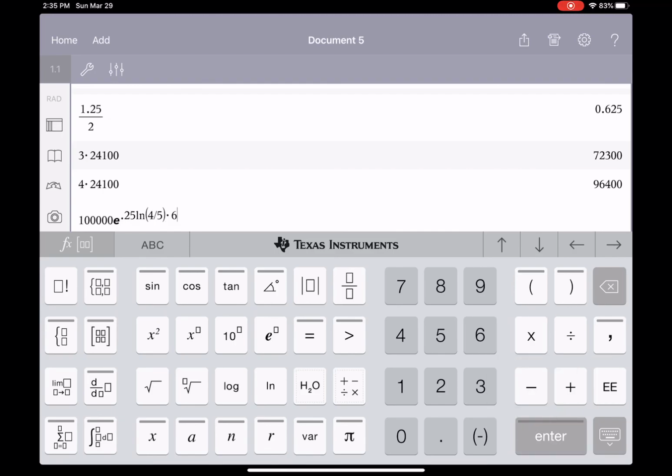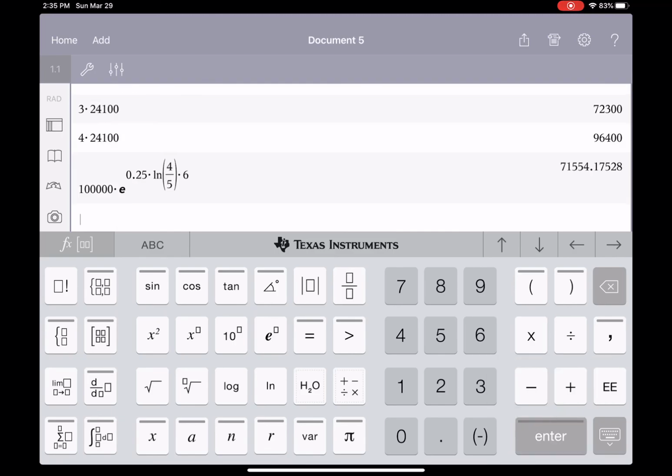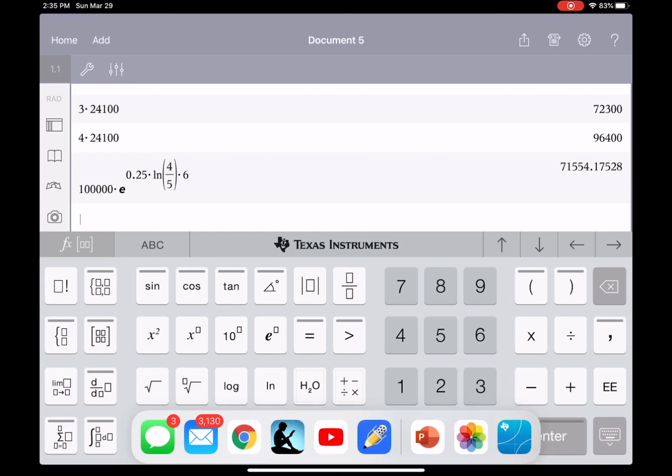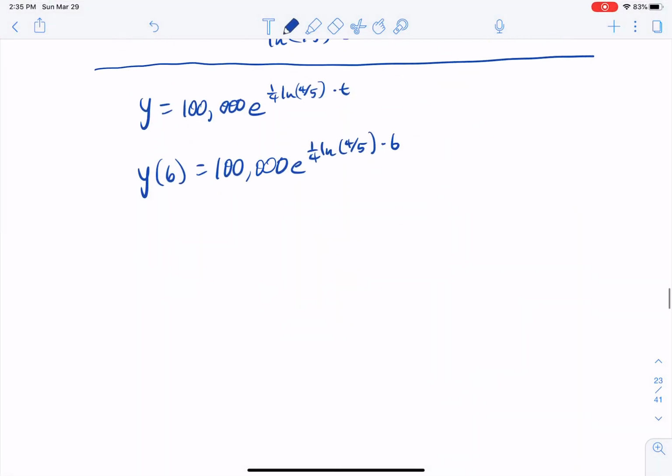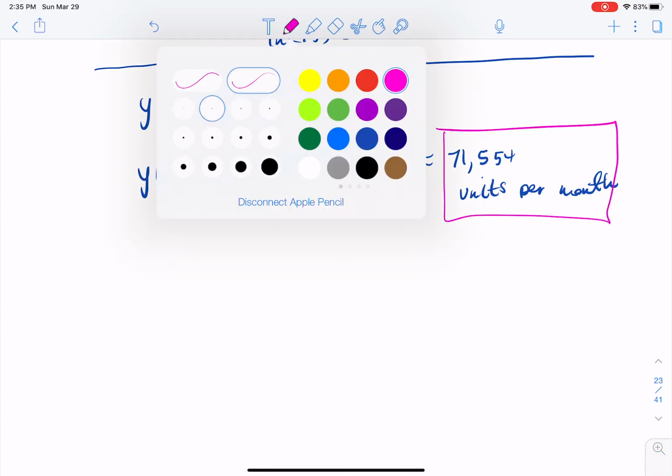And let's approximate that one, and we get 71,554. You can ignore the rest of the little decimal points, because we're talking about numbers of units, which is approximately equal to 71,554-ish units per month. Box your answer and call it a day.